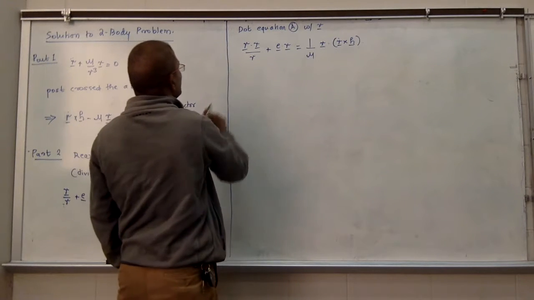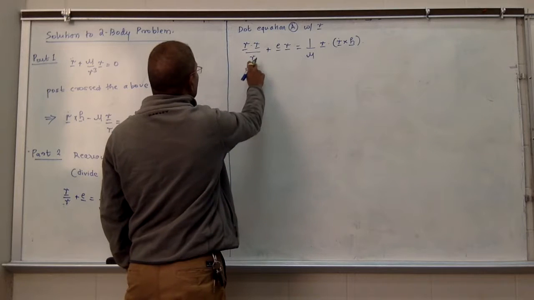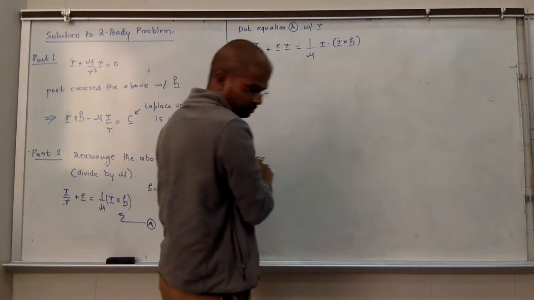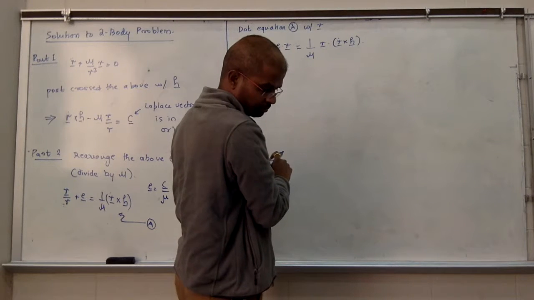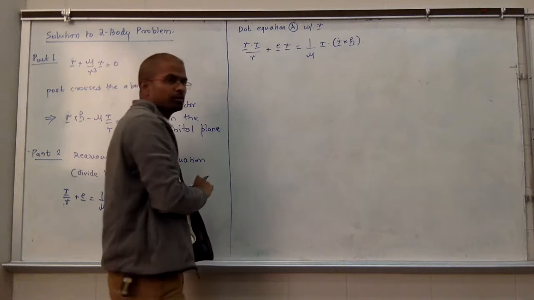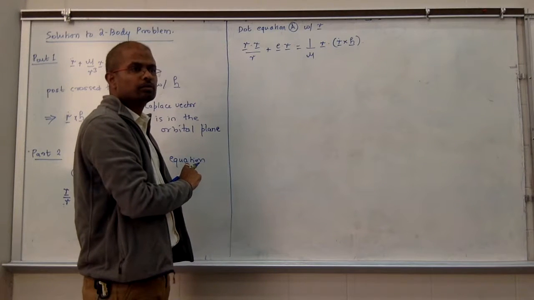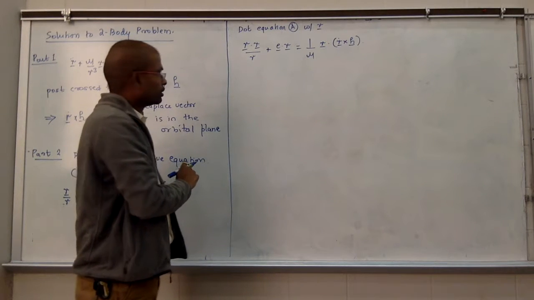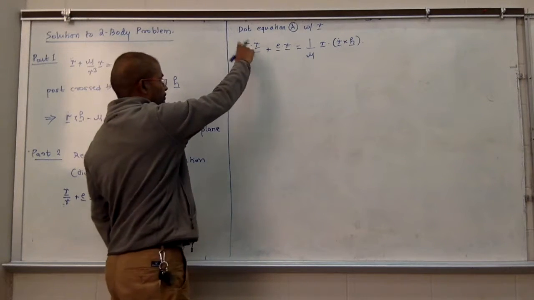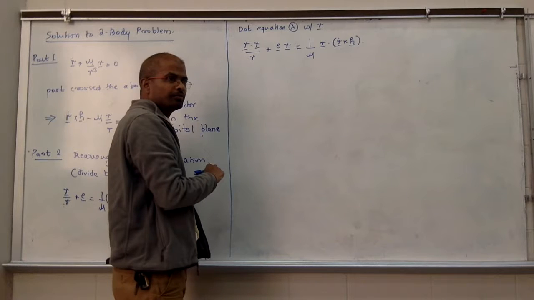Now what is R dotted with R divided by R? This is simple. That's the distance, isn't it?